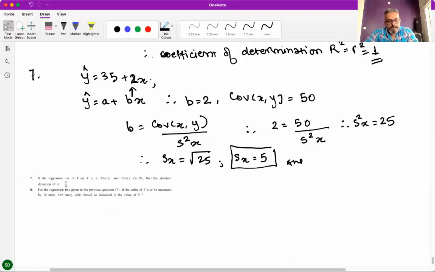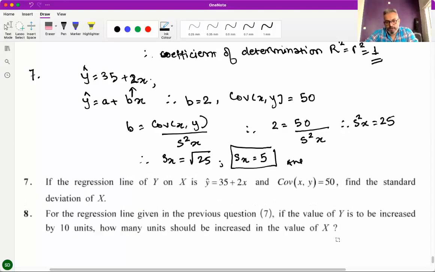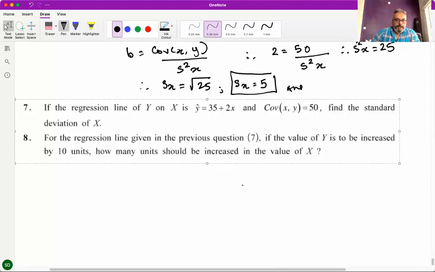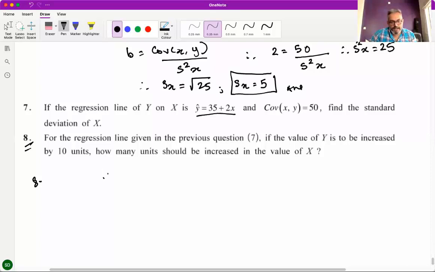Now, the eighth question is connected with the seventh question that we have done over here. So I'll just bring both of them together. For the eighth one, for the regression line given in the previous question number 7, which is y cap is equal to 35 plus 2x, if the value of y is to be increased by 10 units, how many units should be increased in the value of x?